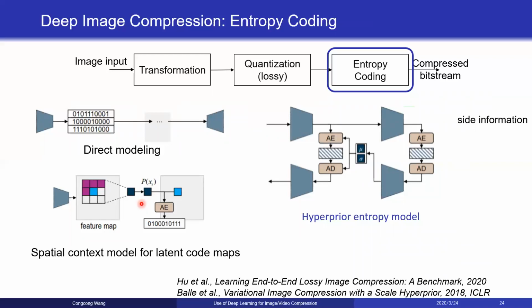After estimating the probability, arithmetic coding is used. A noteworthy work is this hyperprior entropy model. The typical autoencoder network is used to do compression.